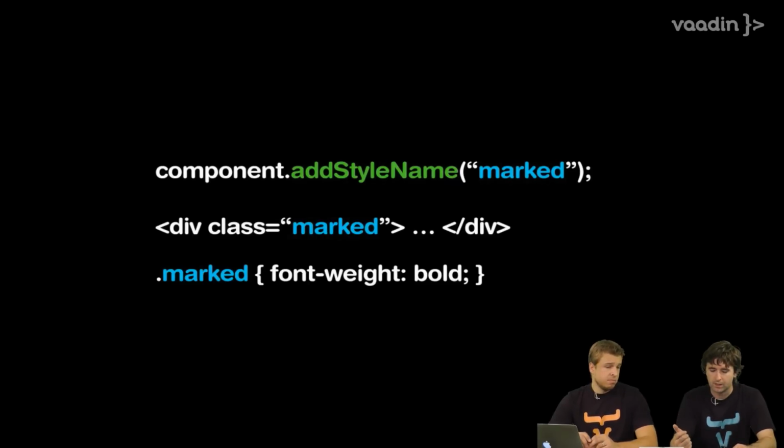One thing we can encourage here is that the style names that you use should be informative, so they should mean something, so that when you browse the code or the CSS, you can get the meaning of that particular style name more easily. Yeah, exactly.